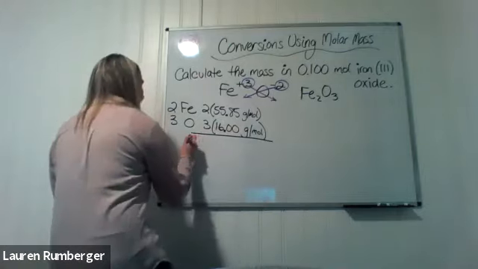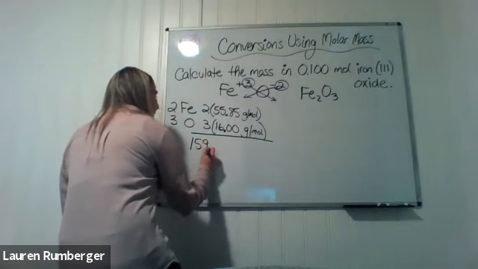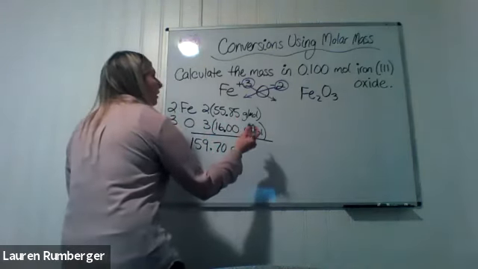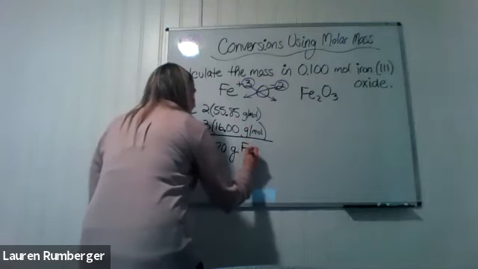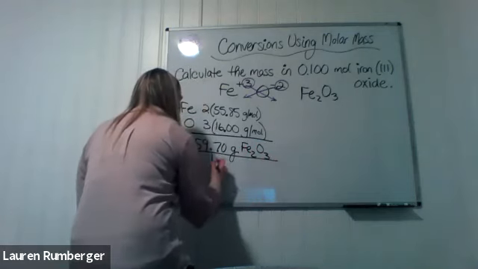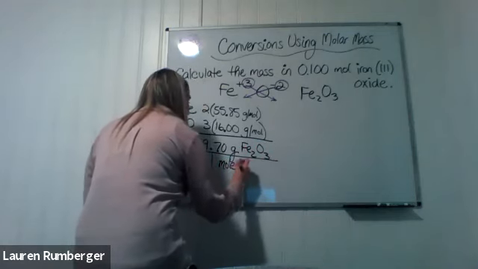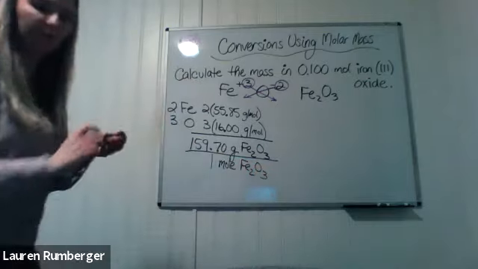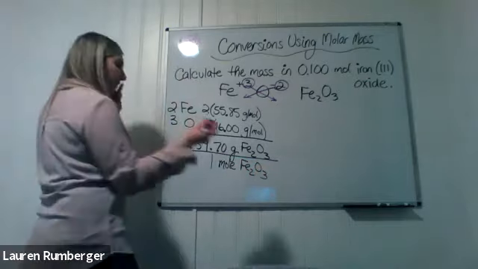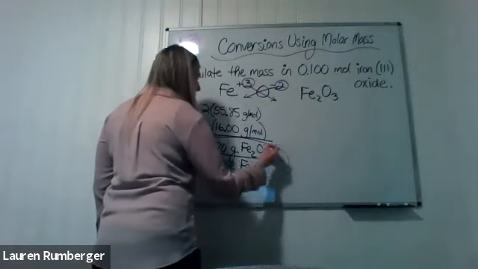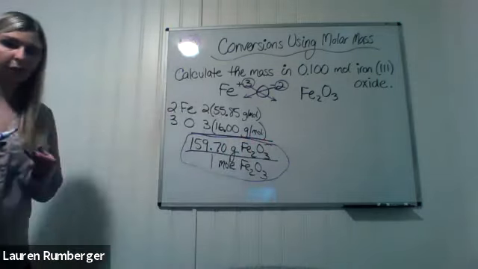So that's telling us 159.70 grams of iron 3 oxide per 1 mole of iron 3 oxide. Okay. So here's our conversion factor. In order to convert between grams to moles, this is our conversion factor.